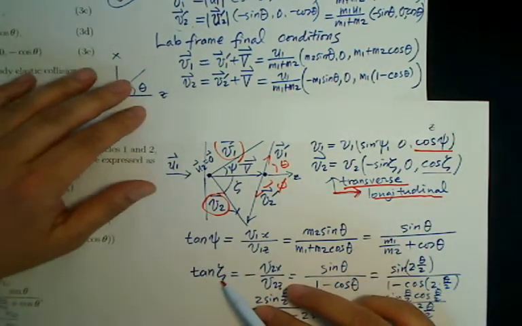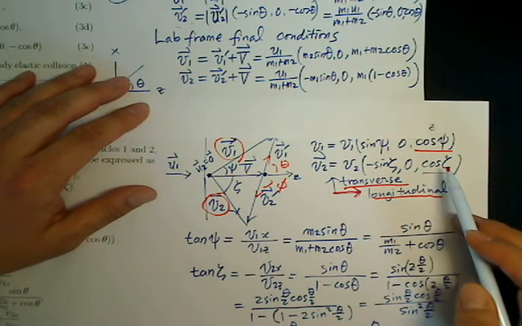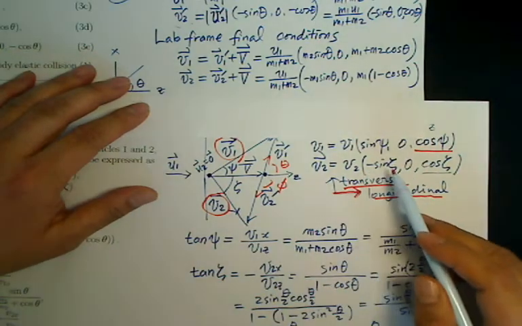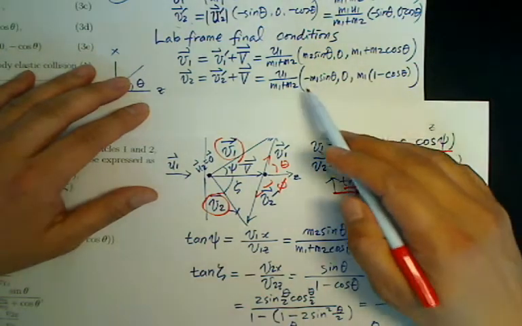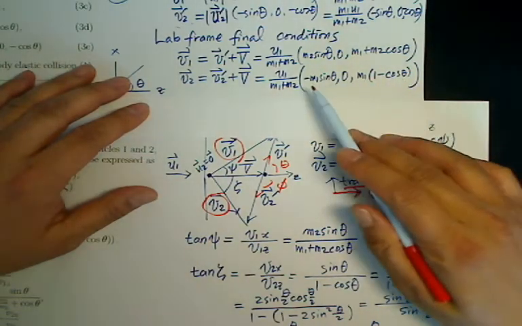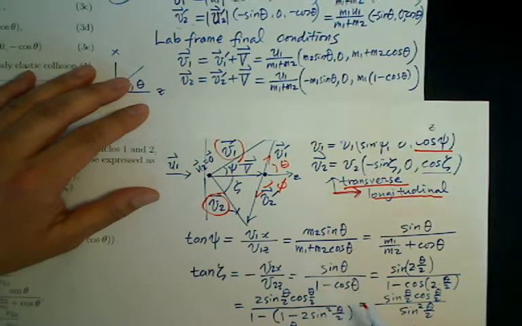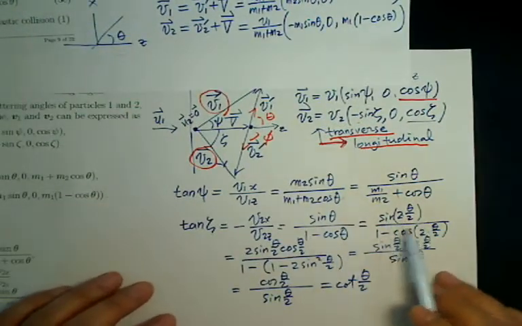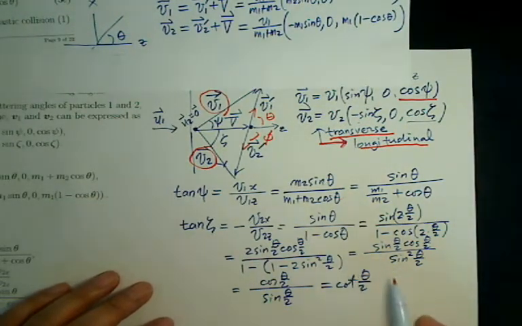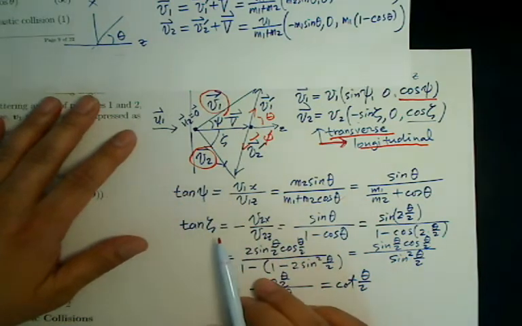If you compute the tangent zeta, zeta is this one over this, right? So minus the x component divided by the z component. Here we have the same mass, so sine over 1 minus cosine, which can be simplified to cotangent of one half theta. As far as psi and zeta are concerned, there are some restrictions.